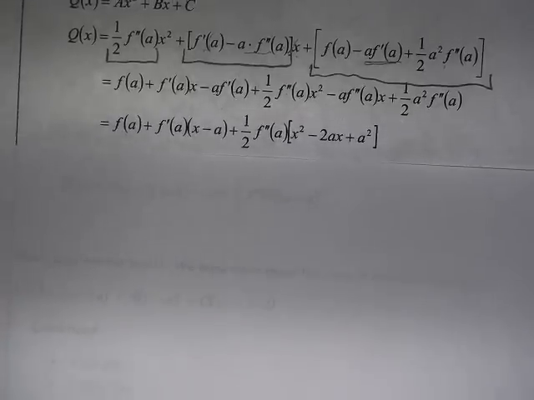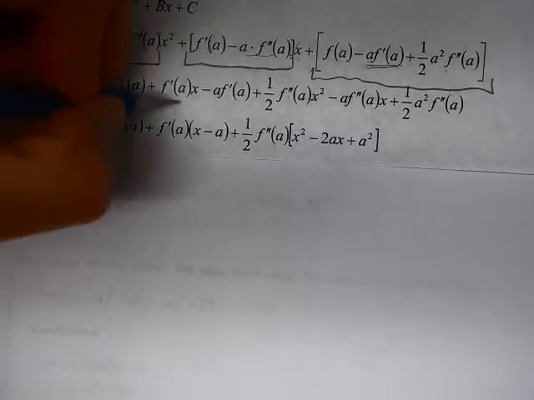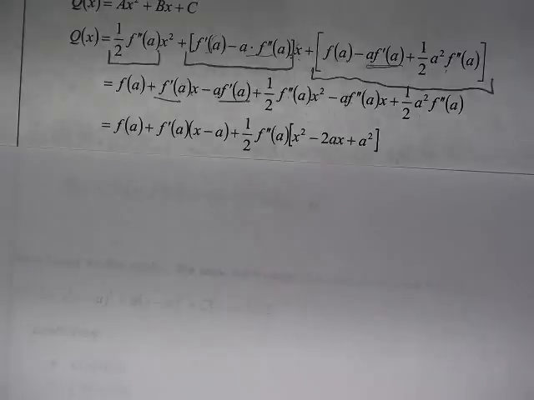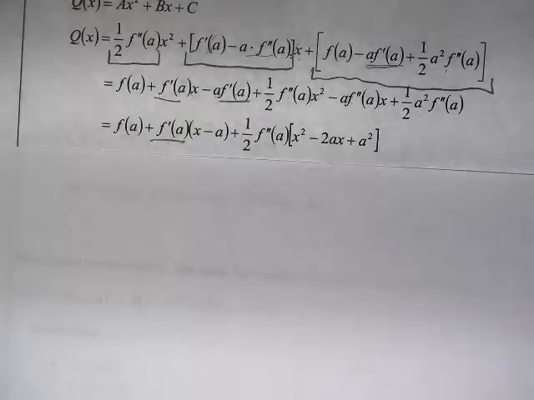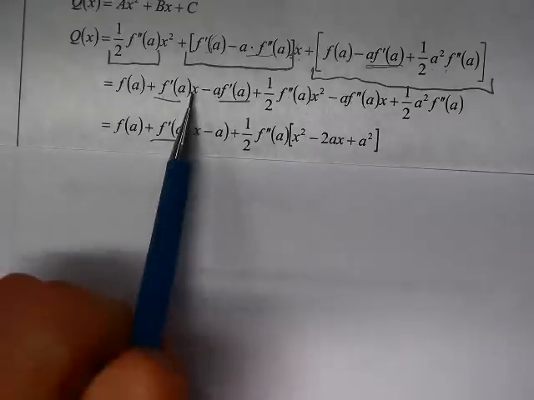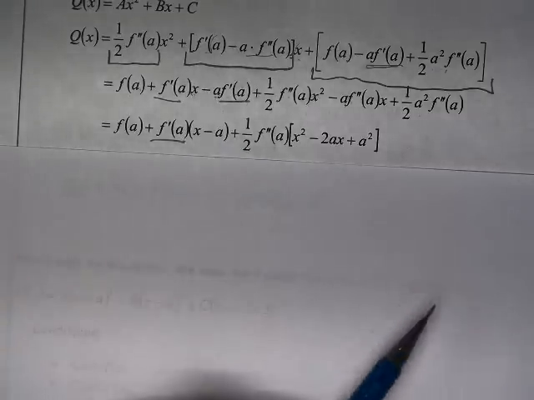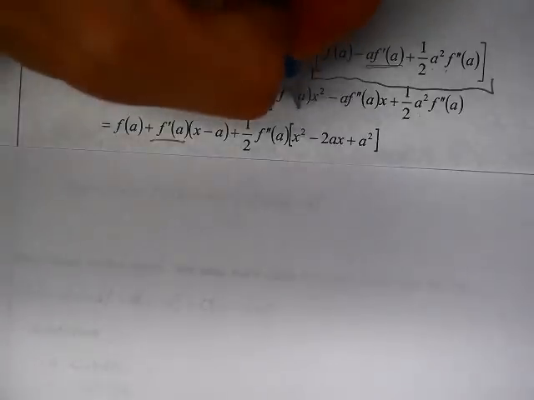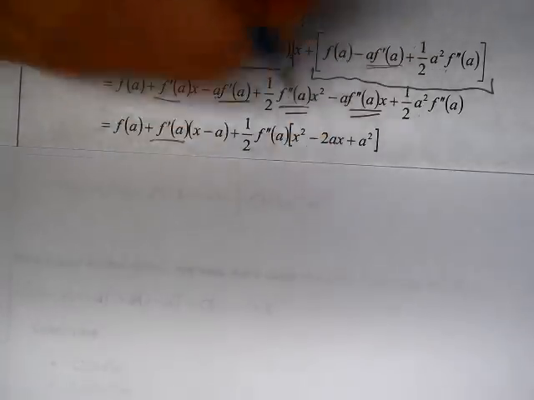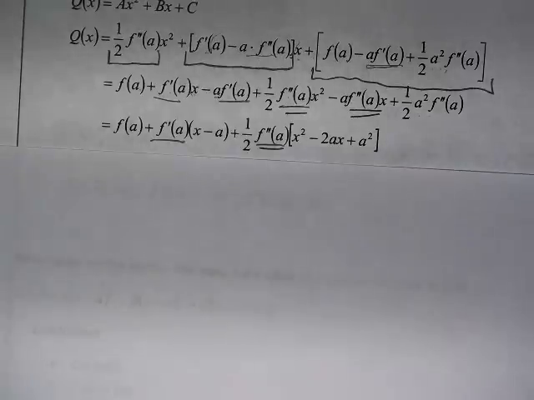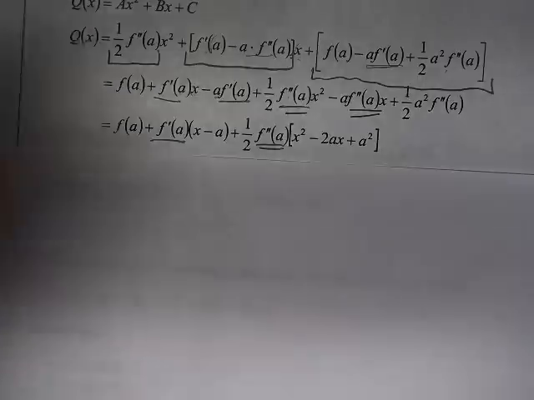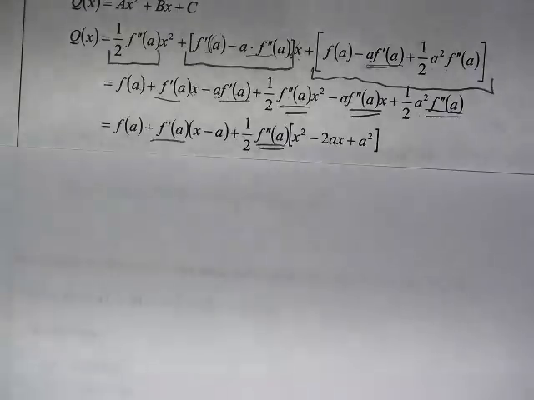So I'm going to take these f prime terms, factor out the f prime, and I'm left with x minus a. I'm going to take my second derivative terms and factor out the second derivative. I also have some here.